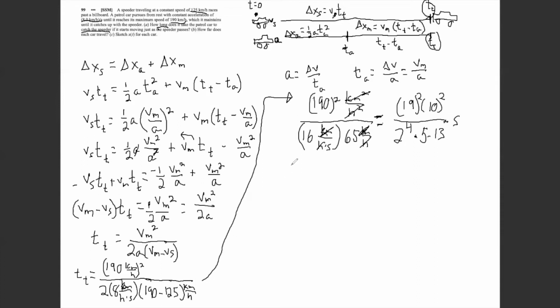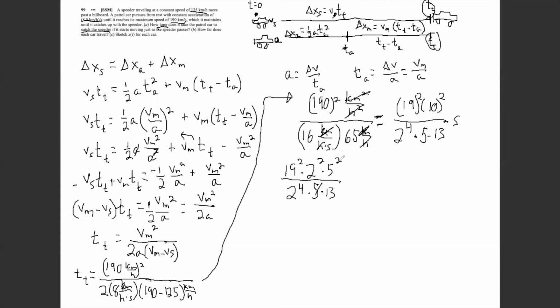And that's just going to be 19 squared. 10 is 2 times 5, so that's 2 squared times 5 squared over 2 to the 4th times 5, times 13.